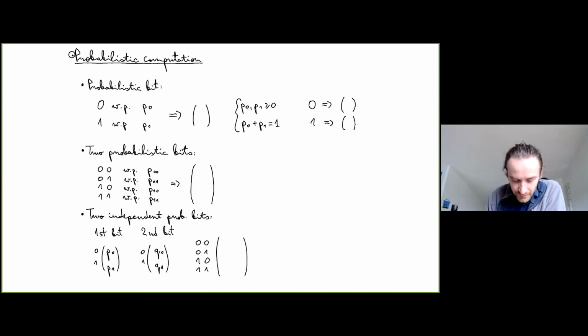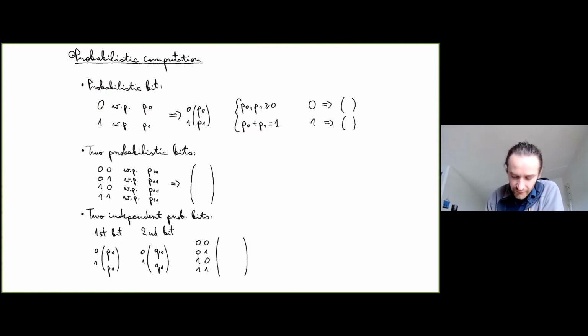Okay, so now a probabilistic bit is just a bit whose values are 0 or 1, but they happen with some probability. And it's convenient to represent it by a vector. You can think of it as a table where we collect these probabilities. We write down, this was the probability for 0, this was the probability for 1. And the constraints are simply that these probabilities are non-negative and they have to add to 1.